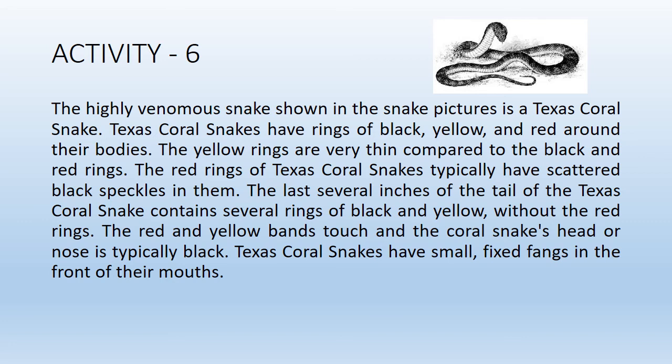Fangs mean large sharp teeth, mostly of venomous snakes, the teeth through which the poison is injected, the teeth which are longer than the other teeth. Those fangs are fixed in front of their mouths.